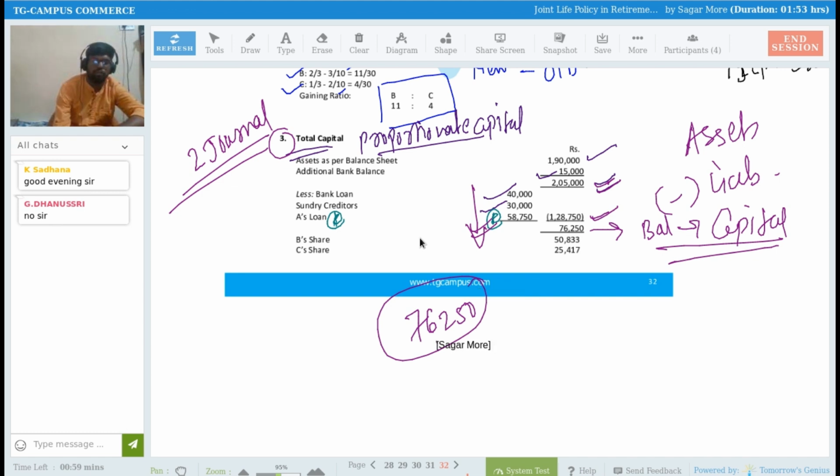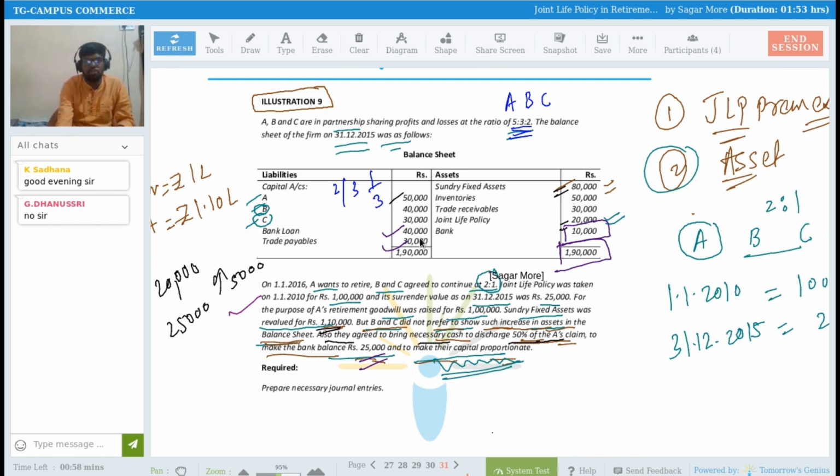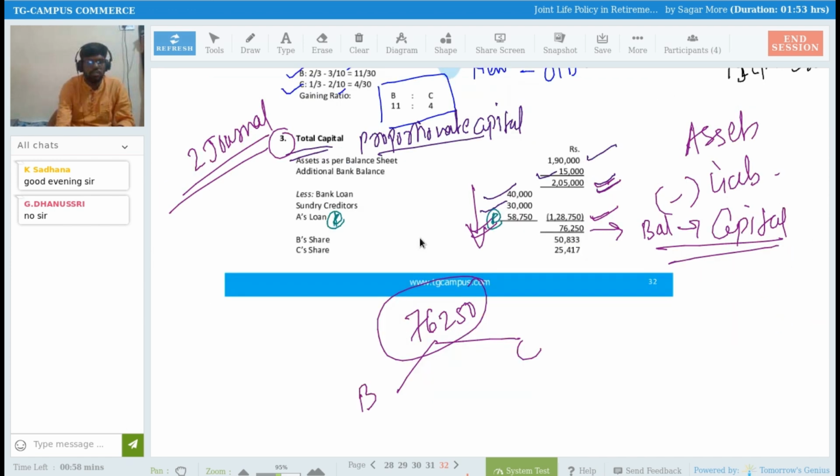But in this 76,250, how much is the capital of partner B and how much is the capital of partner C? How can I understand that, sir? It is clearly mentioned in the question that their capital must be proportionate. Proportionate means as per their profit sharing ratio, and their new profit sharing ratio is 2:1.